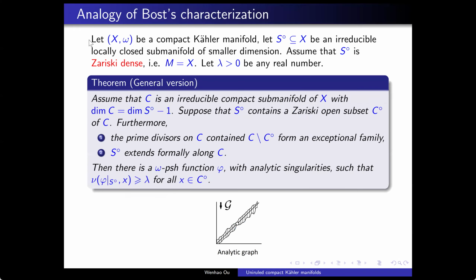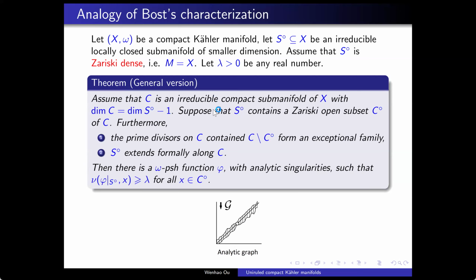But we will use a more general version for our objective. Again, X is a compact Kähler manifold, S0 an irreducible locally closed submanifold of smaller dimension, and assume that S0 is Zariski dense. And I assume some further data.